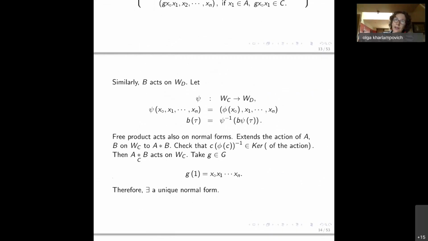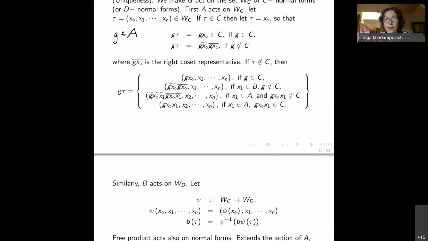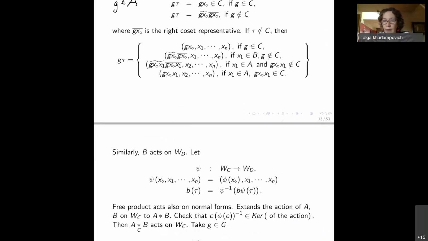And then if A acts on the set of the C normal forms and B acts, then their free product also acts. And then it is easy to check that these elements, an element from C times the inverse of the corresponding element from D, belong to the kernel of the section, if you just look at the definition of the action, which is completely natural.